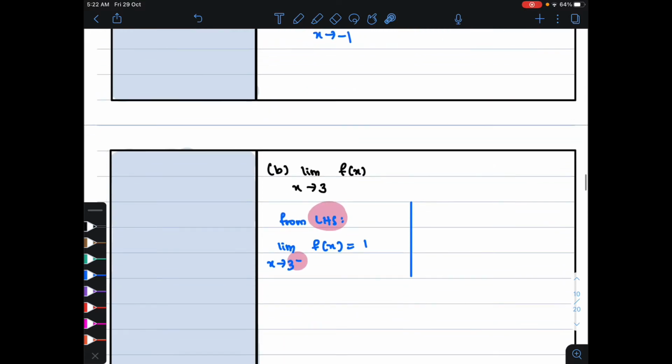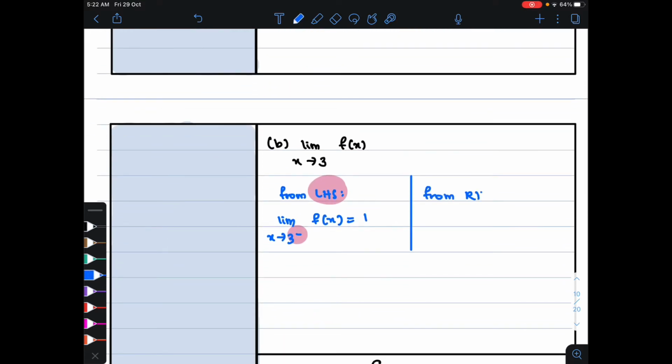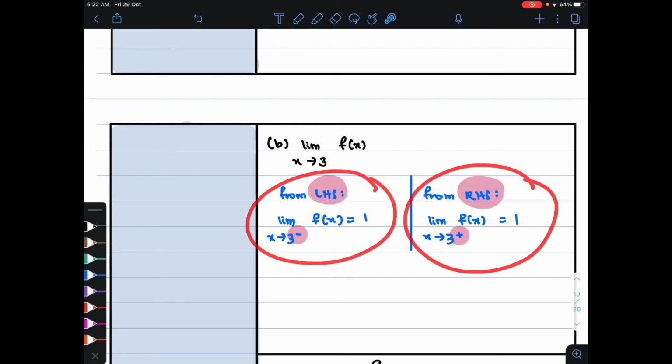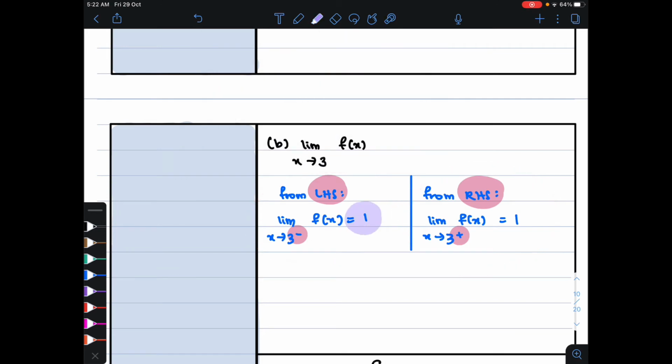So you can write down, from the right hand side, the limit of f(x) as x approaching 3⁺ is equal to 1. This is positive because this is from the right hand side. Now compare both limits. From the left hand side we have 1, and for the right hand side we also have 1. So we can see that both limits are equal.